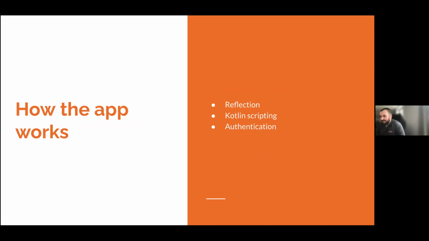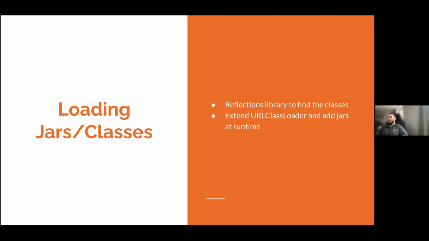So the app itself works using three main things, which is reflection, the Kotlin scripting library, and I'll go through the authentication as well. So to load the classes at runtime, I'm using the reflections library. And to actually load the jars, I'm using the Java URL class loader.